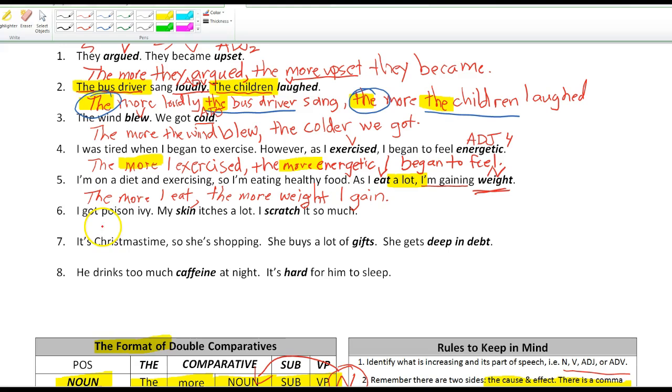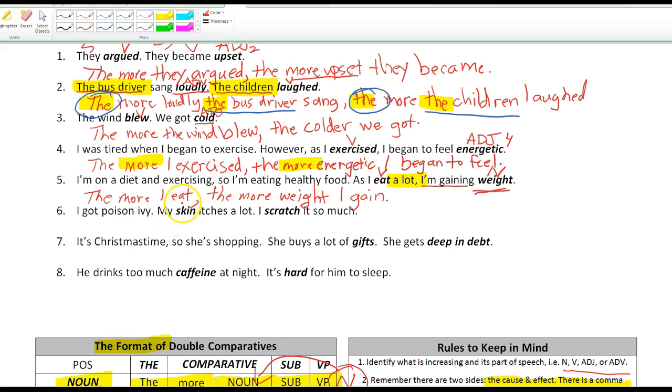Okay. And then we've got, I got poison ivy. That's a plant that we have in Virginia and all over the United States. You may or may not have it in your country, where if you touch the plant, then you'll start itching and get a rash on your skin, and it's very terrible.